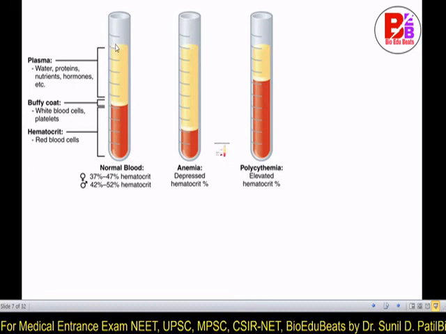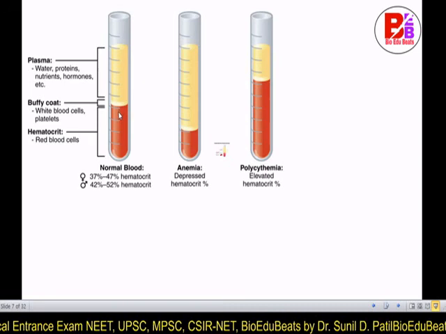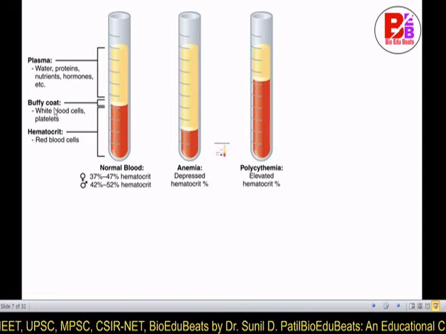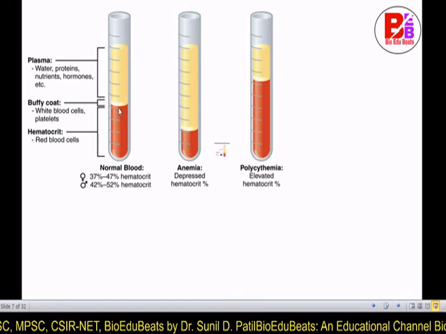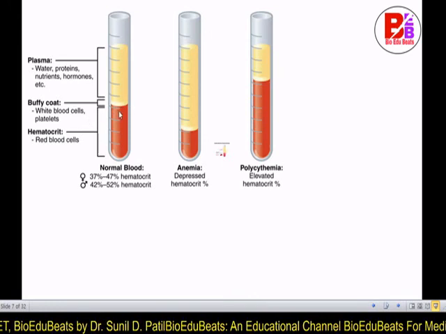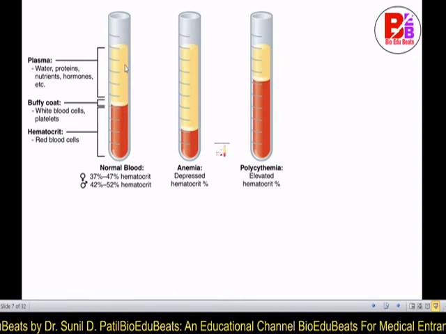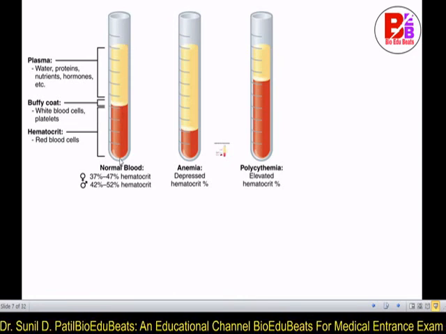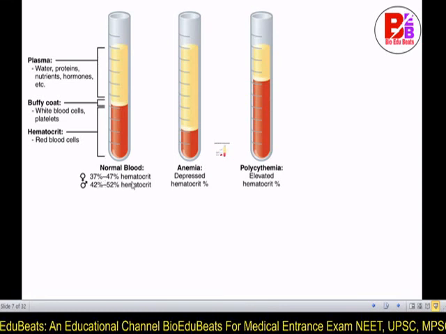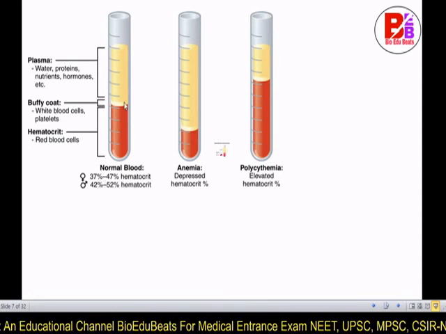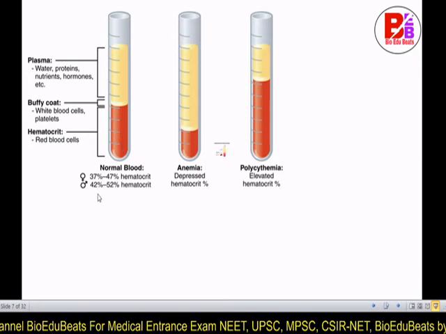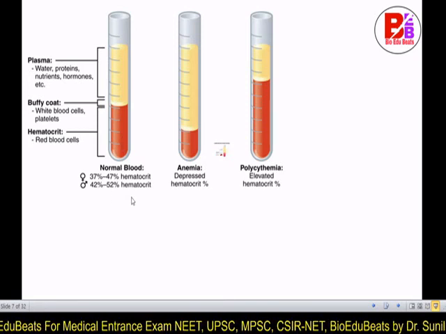This part is the plasma after centrifugation, and this part is called the hematocrit. The buffy coat in between is a very thin layer of white blood cells and platelets. They are less than 1% of the total blood. The normal range of hematocrit is 37 to 47% in a normal female, while in a normal male it is 42 to 52%.